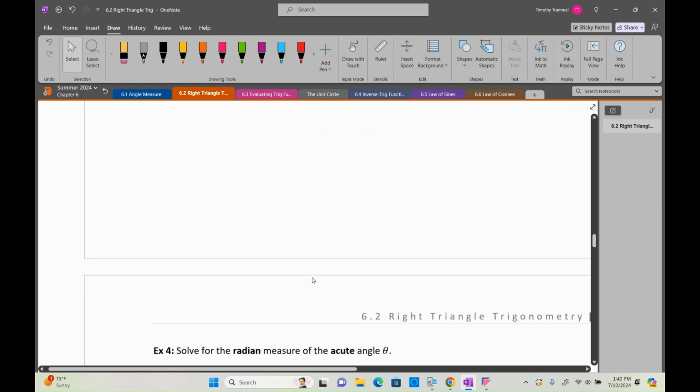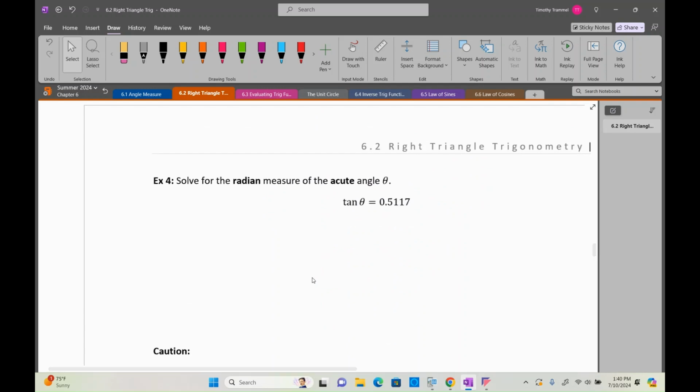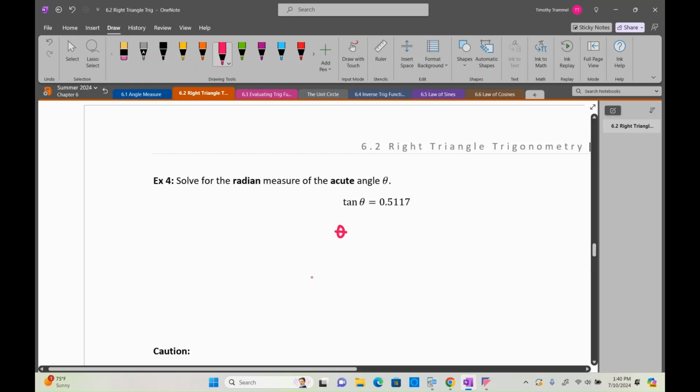Let's take a look at another one. So once again, we want to find an acute angle. And luckily, tangent inverse can give us angles that are acute. It can give us angles in the first quadrant. So we'll go ahead and we'll take tangent inverse of each side this time. And remember, the tangent and tangent inverse are going to cancel there because we know that this angle is acute.